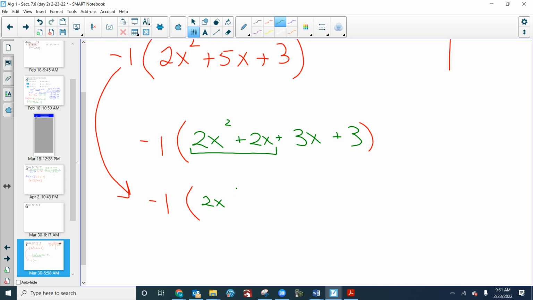And what's left inside? x. Plus 1, because when we factor out 2x from 2x, we're left with 1. Second terms, what's the GCF, Jonathan, between 3x and 3? 3. And what's left? x plus 1. Good.